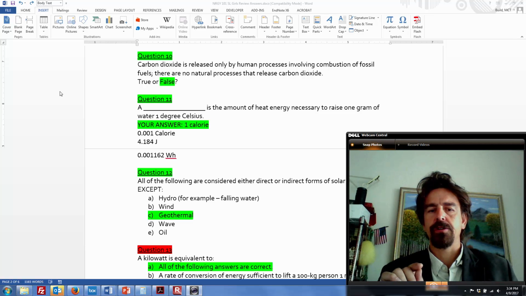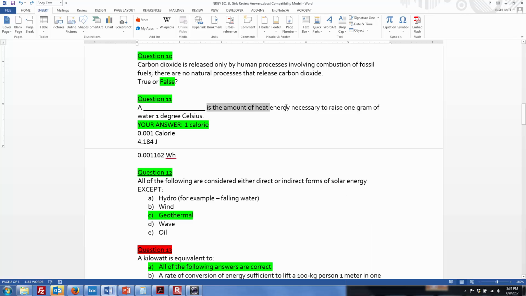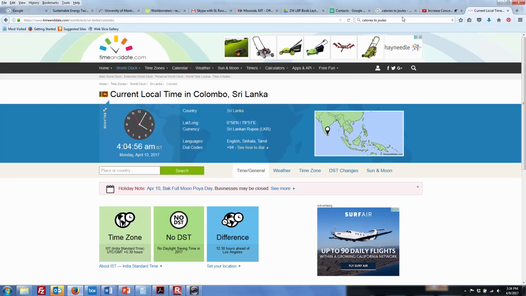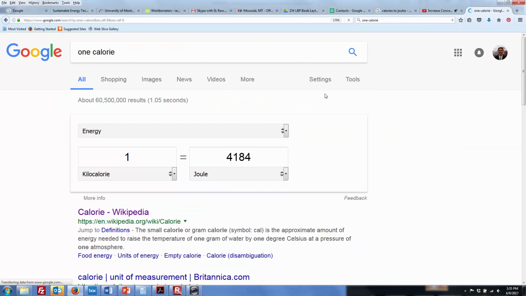at the definition. So the amount of heat energy, we're on question 11, the amount of heat energy to raise 1 gram of water 1 degree Celsius. Let's go out here and look at this. So you are in fact correct. So let's look at 1 calorie. Yeah.